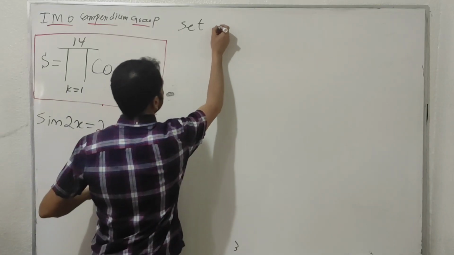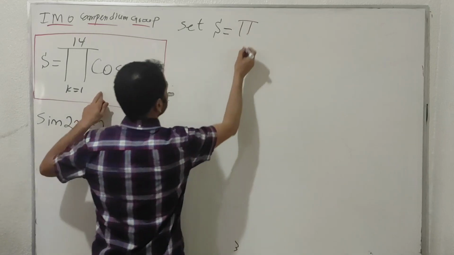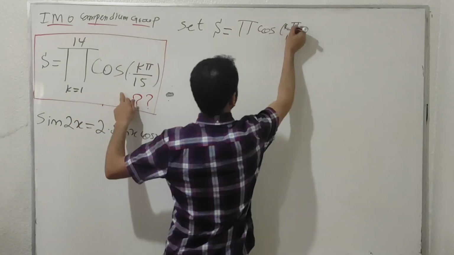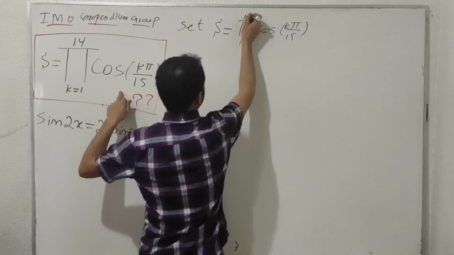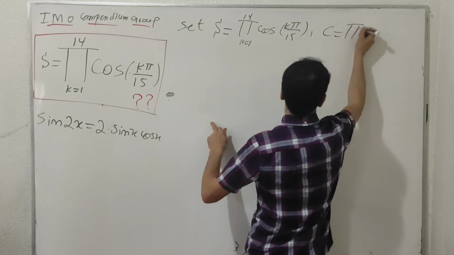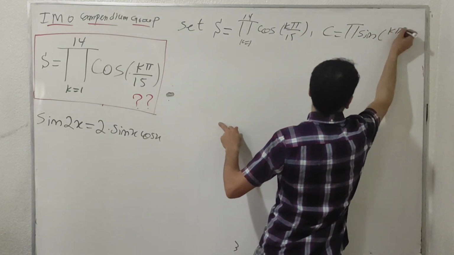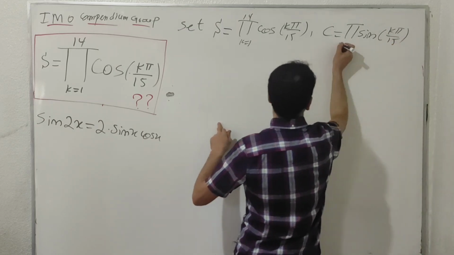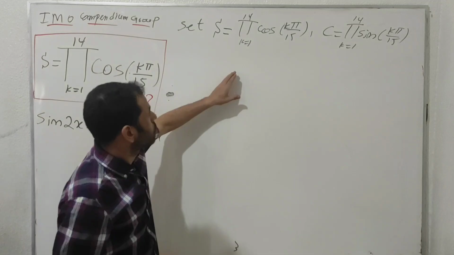Let's set s equals the product of cosine k pi over 15, as k goes from 1 to 14, and c equals the product of sine of k pi over 15, as k goes from 1 to 14.